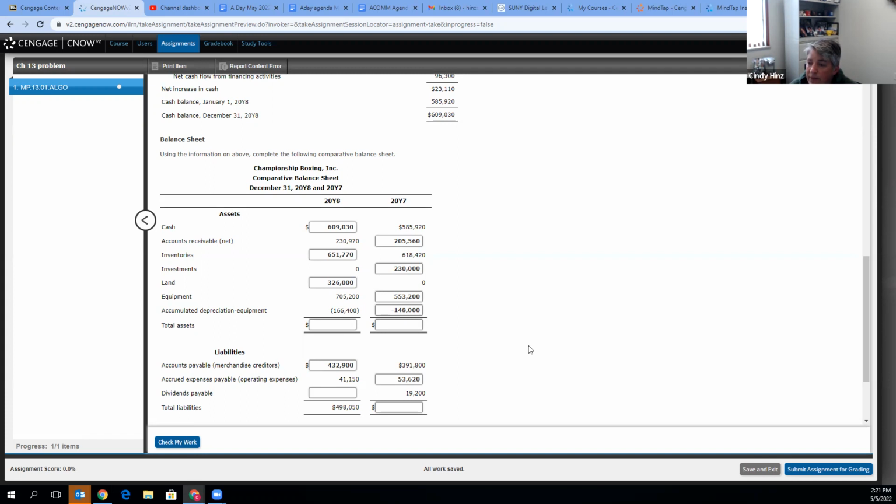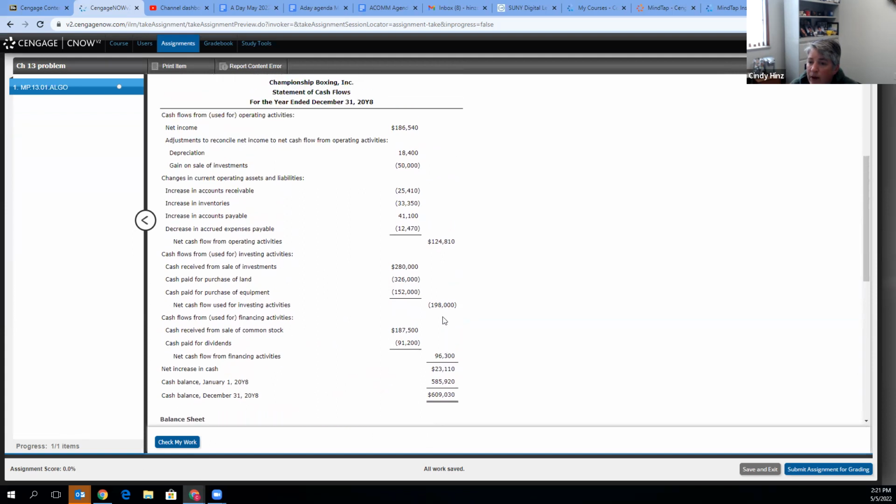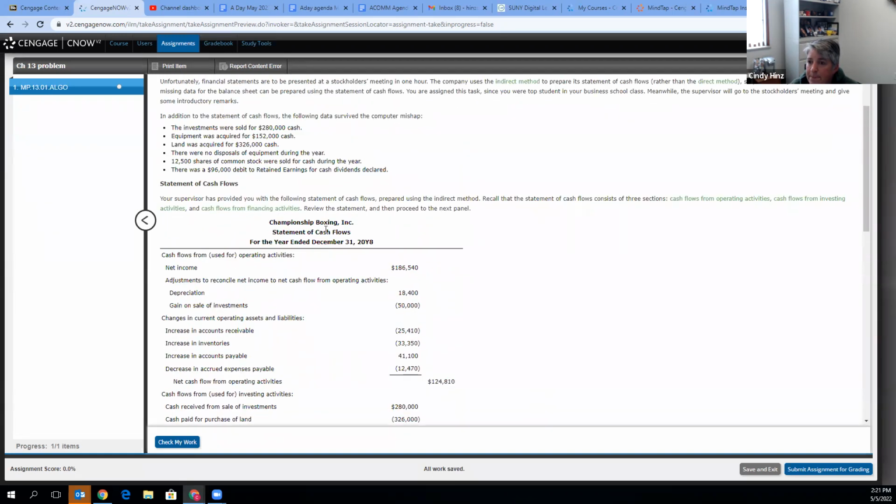And finally, in the liability section, we have dividends payable. So what do we know about dividends? Well, we paid cash of $91,200 for dividends. And here we are told that there was a $96,000 debit to retained earnings for cash dividends declared.